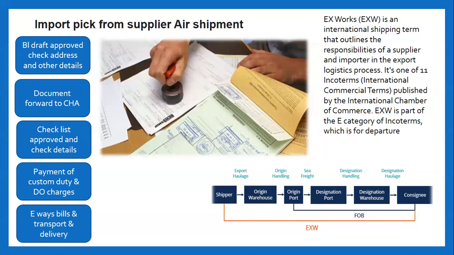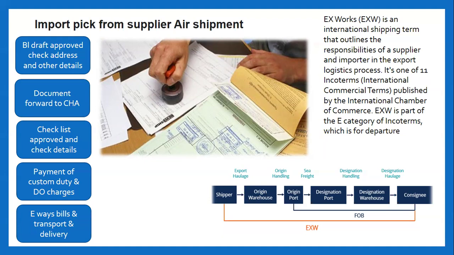The next stage is that once the shipment reaches the Indian port, we need to make the customs duty payments. Then the shipment will be out of charge from customs. We also have to pay the delivery order charges, including the documentation charges of the airline.